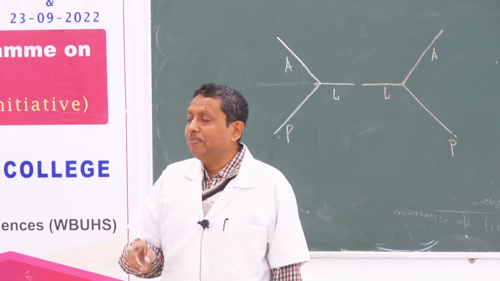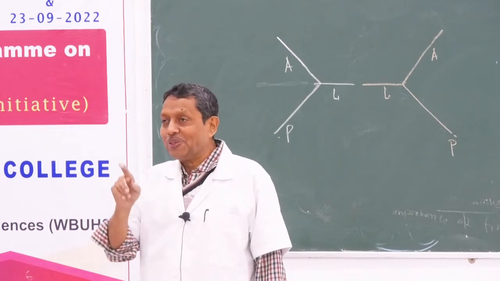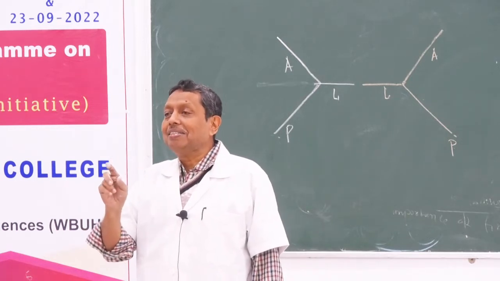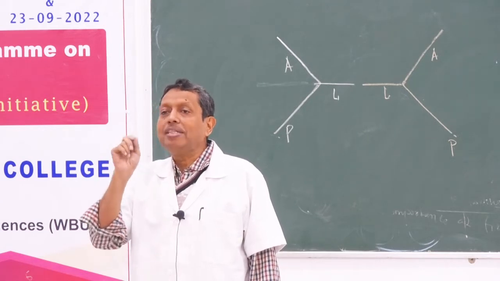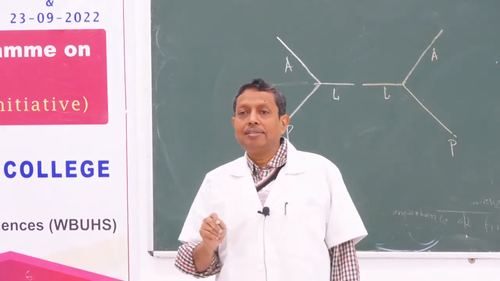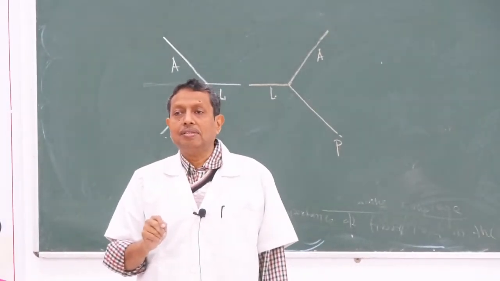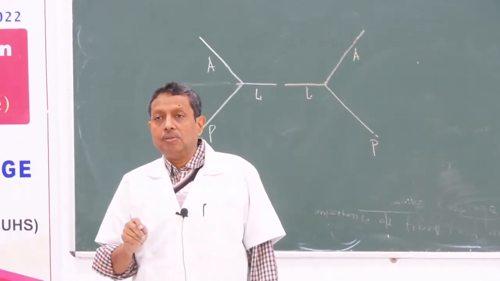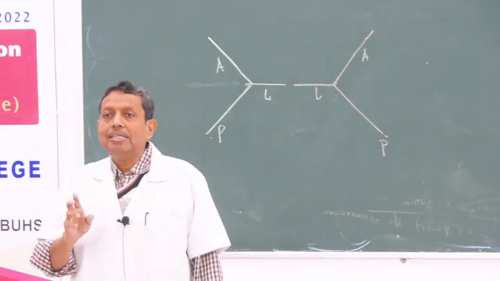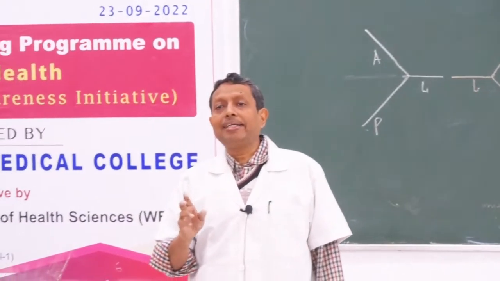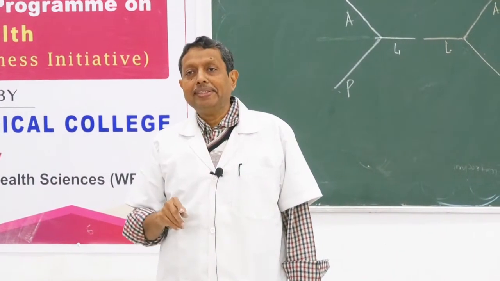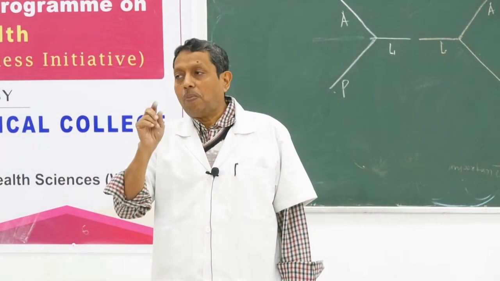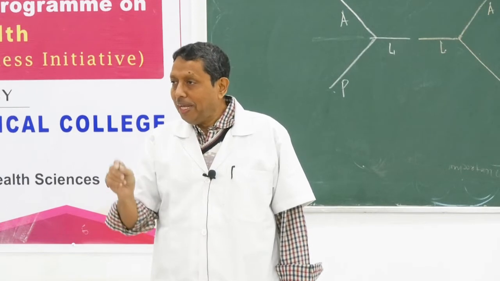So that the images can fall in the macula or fovea. It is the idea of nature, so that whatever may be the movement of the head or body, the images will fall at the fovea.